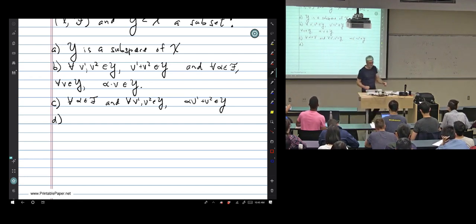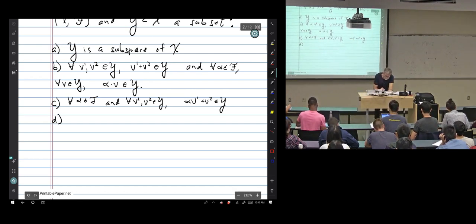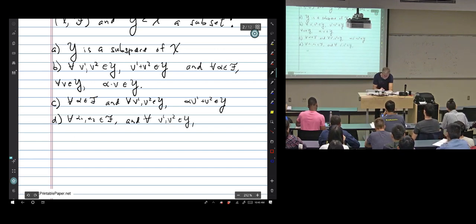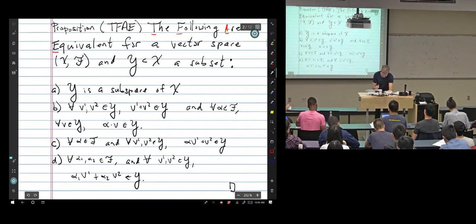We'll talk about that. And then the last way you'll see this written down is for every pair of coefficients in the field, and for every pair of vectors in Y, alpha 1 V1 plus alpha 2 V2 is in Y. Okay? So that's the proposition.